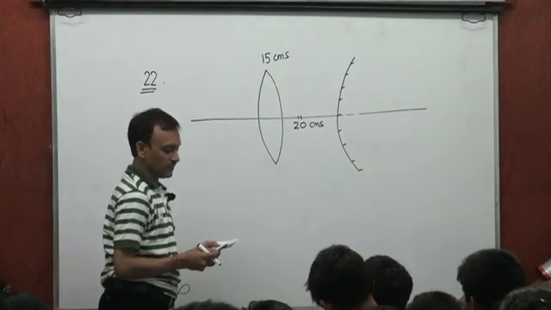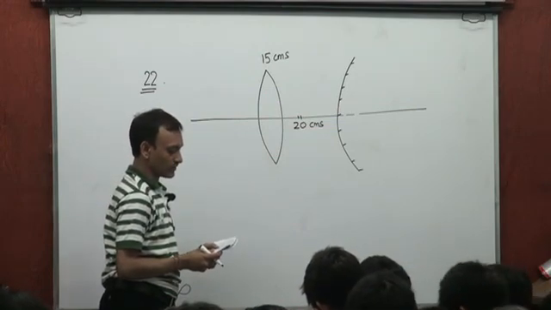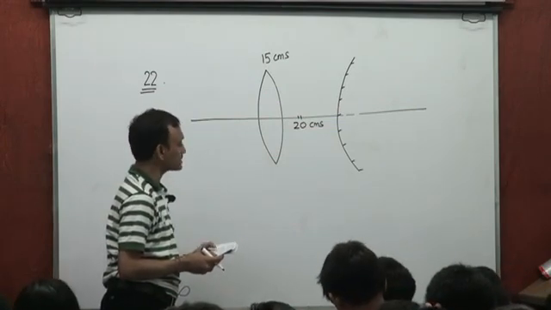It is found that the image coincides with the object. Calculate the radius of curvature of the mirror, the separation between the lens.